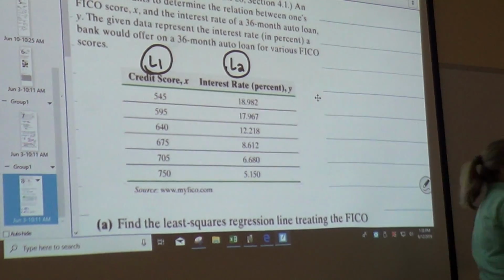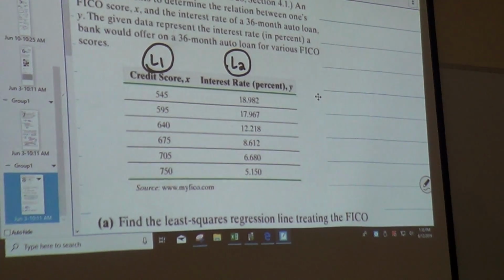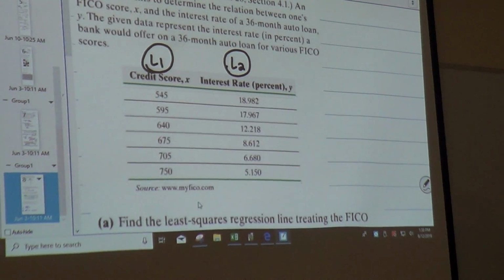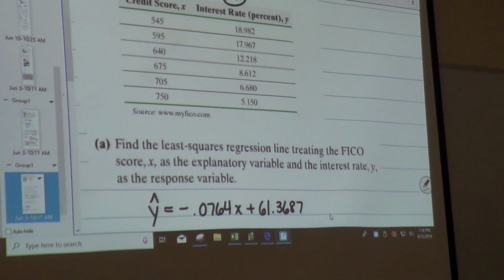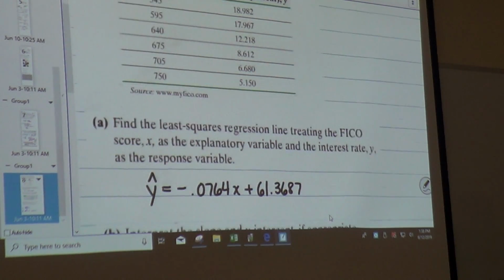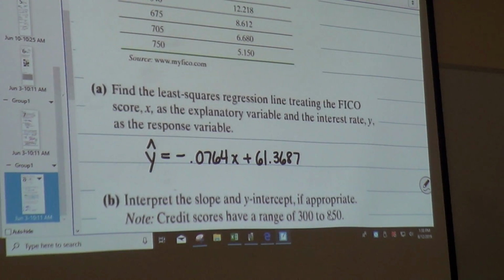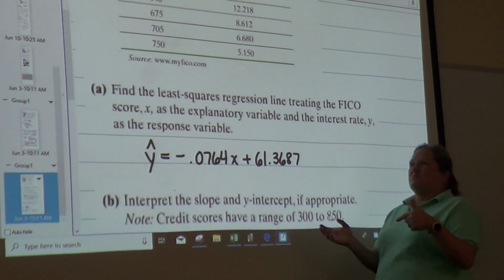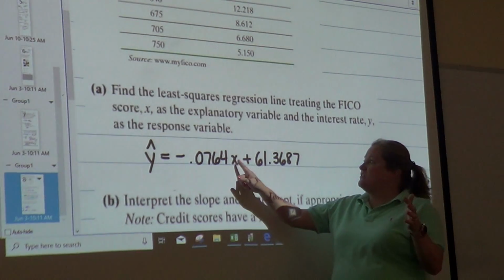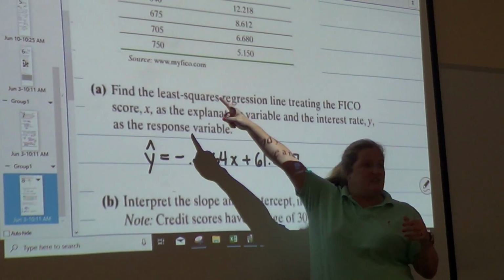So, first thing they want to know is the regression line. We do our L1, L2, 1-Var Stats, and that gave me this. Y'all good? Interpret the slope and y-intercept. Kind of doesn't make sense here. This represents your credit score.